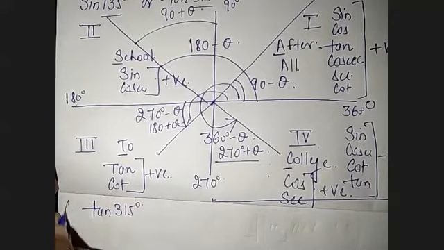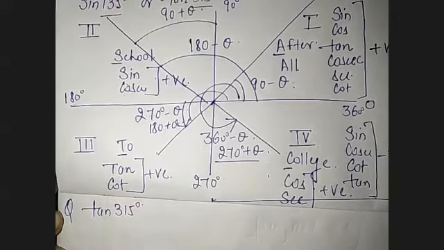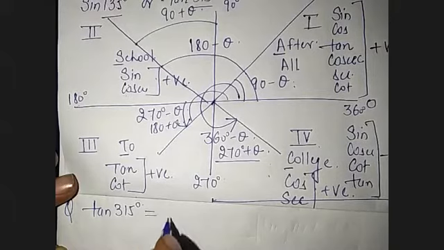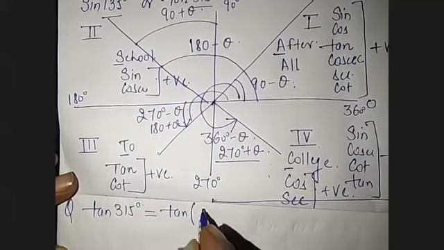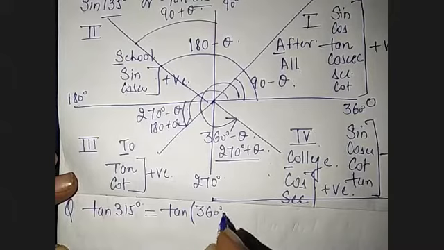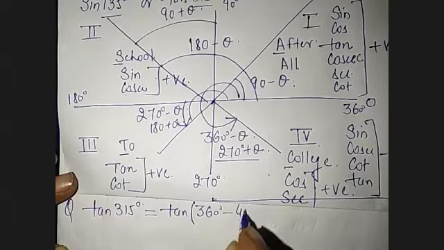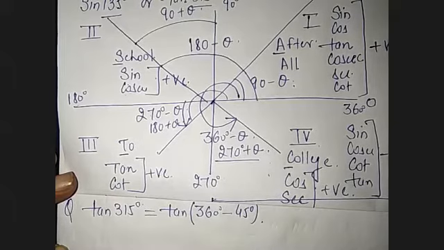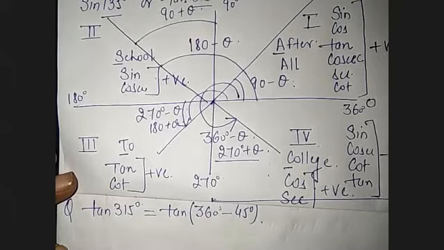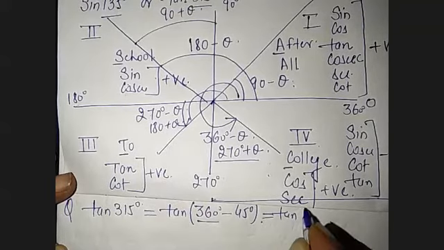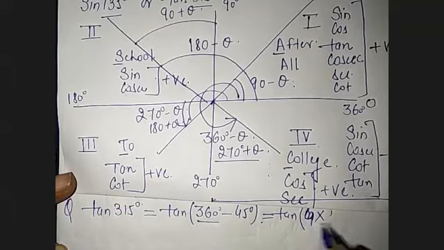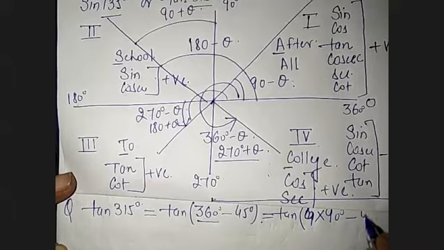This is the question we started with in the beginning. So tan 315 degrees means tan of 360 degree minus 45 degree. We need to find this value in multiples of 90, plus or minus. So we divide it into tan of 4 into 90 minus 45 degree.